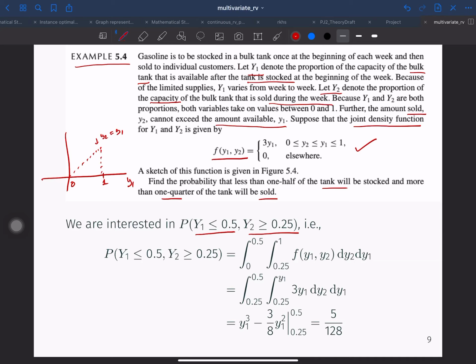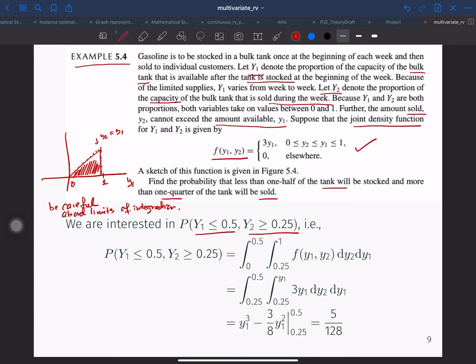The joint PDF is only defined inside this triangle here, and so you have to be careful about the limits of integration. That is all that is really tricky about this problem.